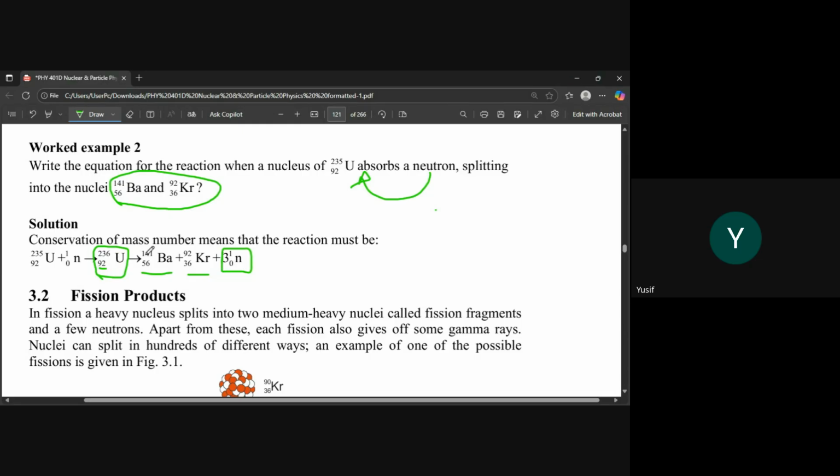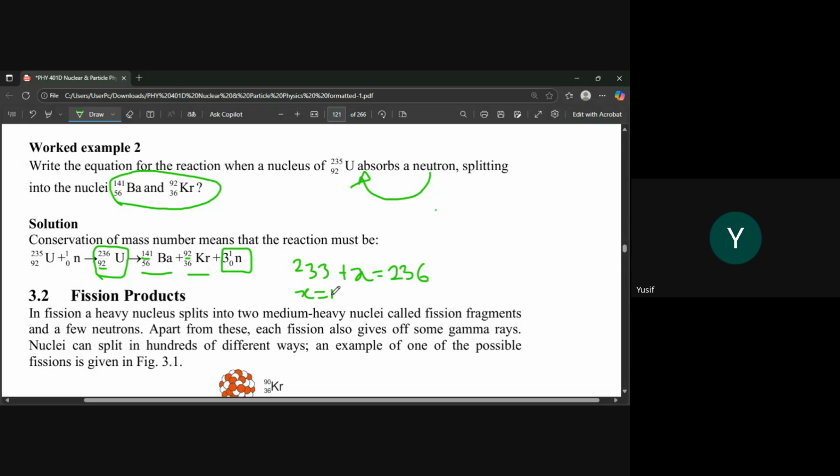Now let's come to the mass number. 141 plus 92 will give us what? 233. Now 233, what's supposed to be added to this for us to get 236? That would be 3, right? It means our X is equal to 3.